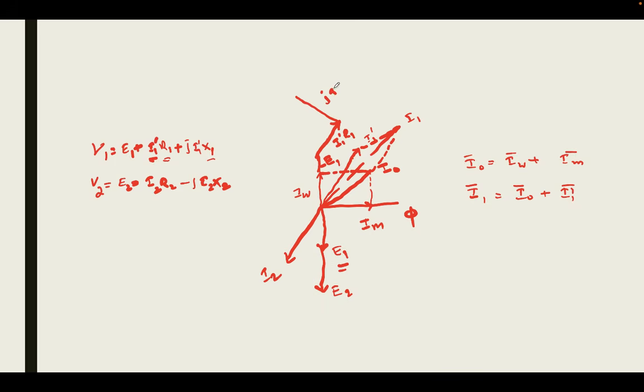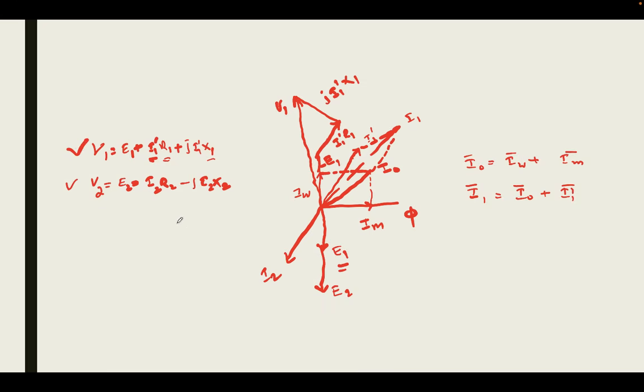It will be j I1 dash X1. This is the phasor sum of these three quantities, E1, I1 dash R1, and I1 dash X1, which is nothing but V1. This is the KVL equation on the primary side.